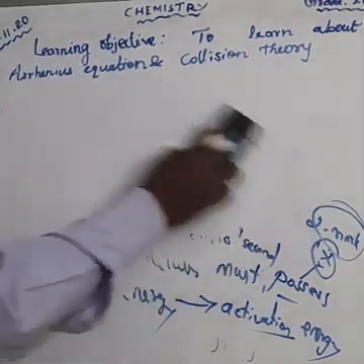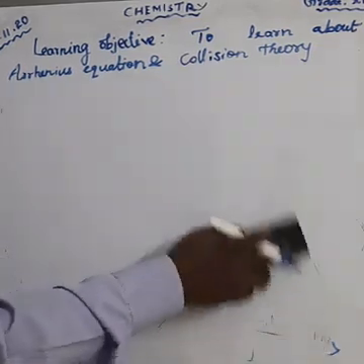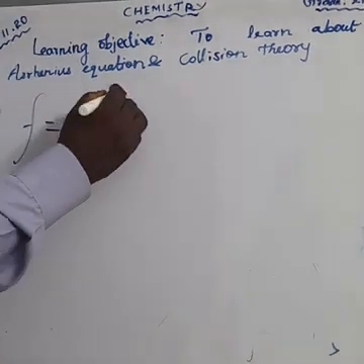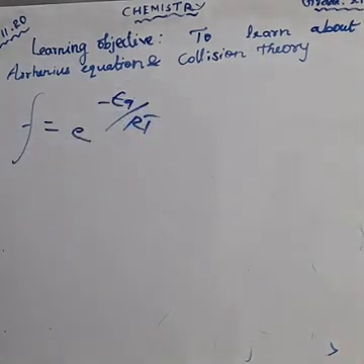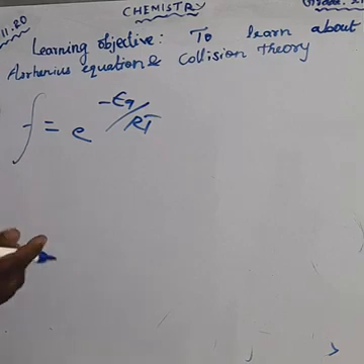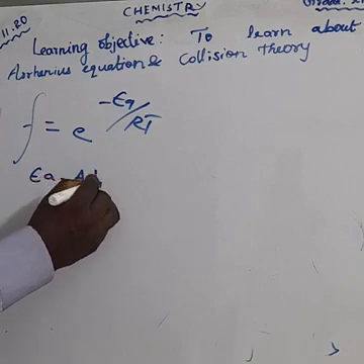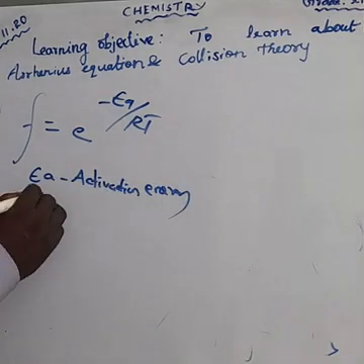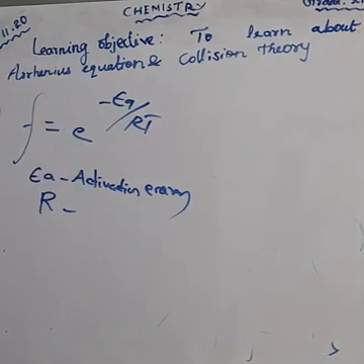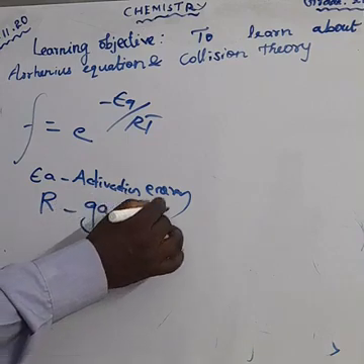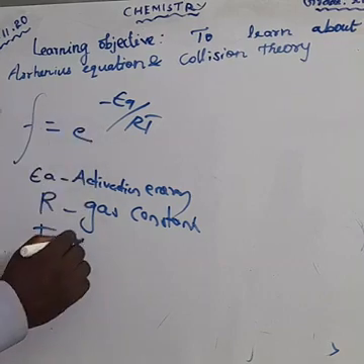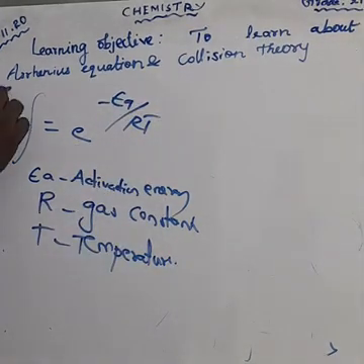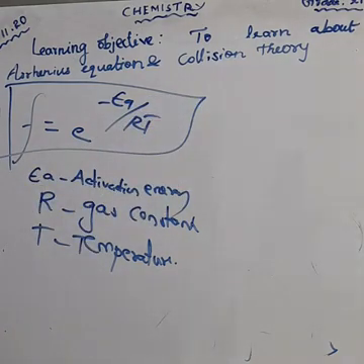For the fraction of effective collisions, we use one formula: F is equal to e power minus Ea by RT. Here Ea is the activation energy, R is the gas constant, and T is the temperature in Kelvin.